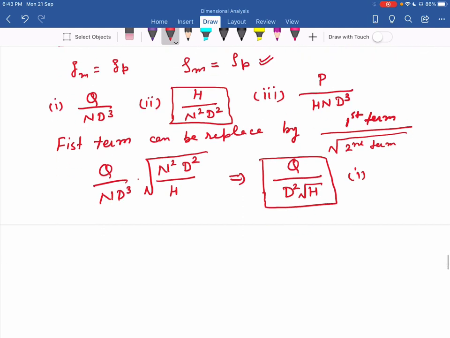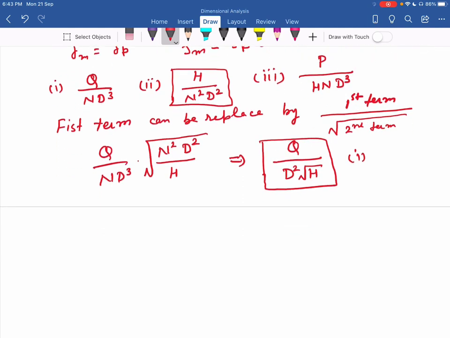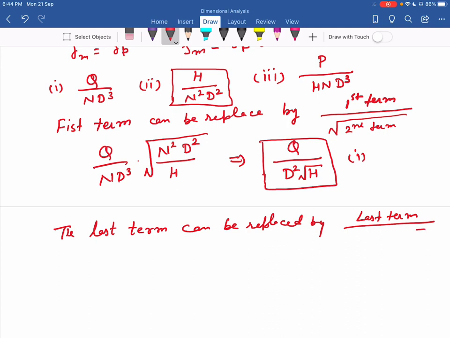Now we do one more alteration. So the last term can be replaced by last term divided by under root of second term.